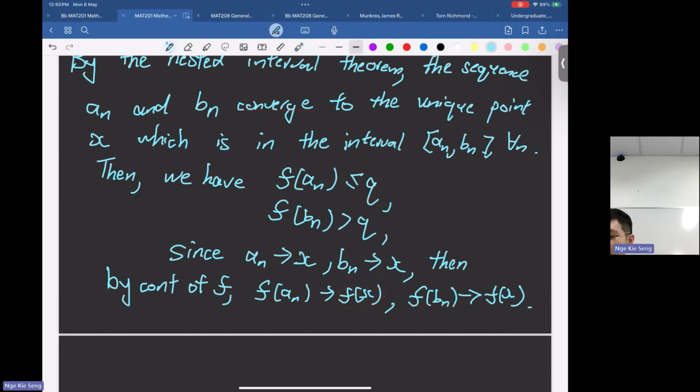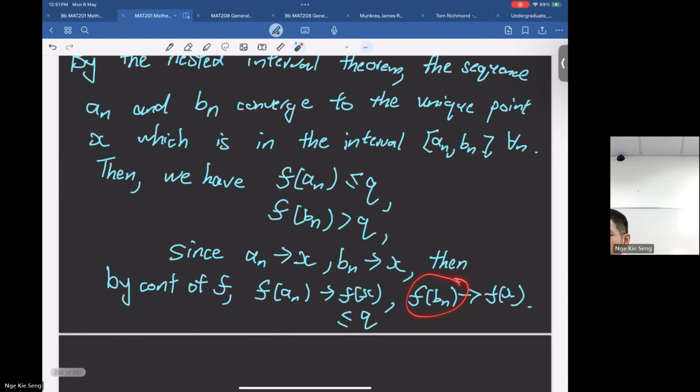It is also less than or equal to q. How about f(b_n)? If it is always greater than q, the limit should be greater or equal to q. Could be equal, right? It's like 1 over n, which is greater than 0 but converges to 0.